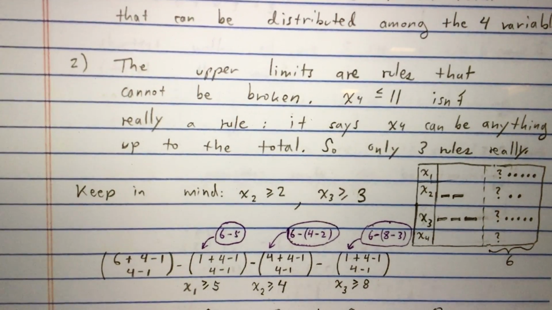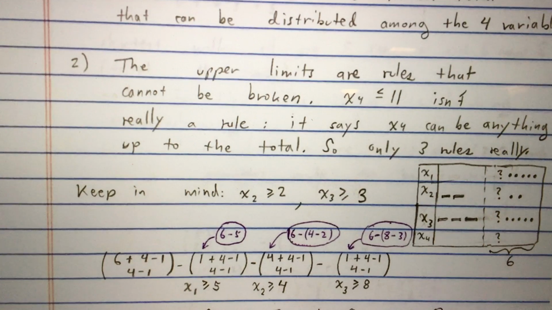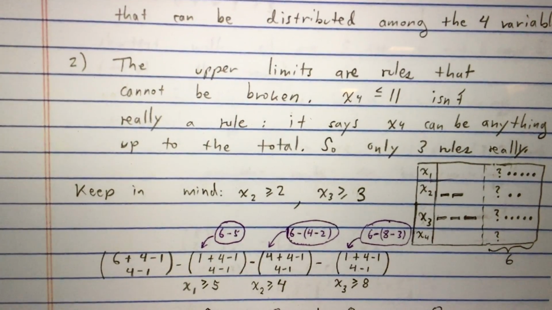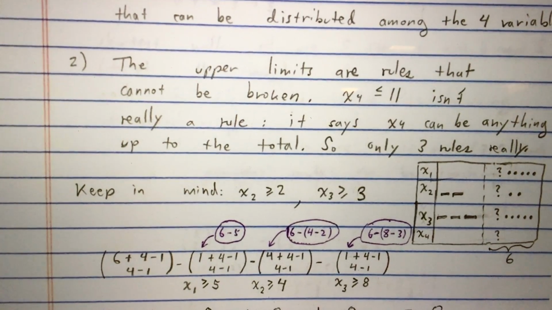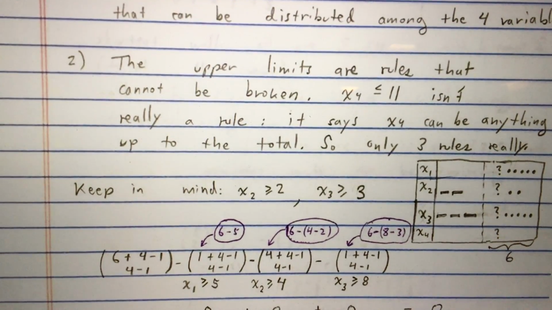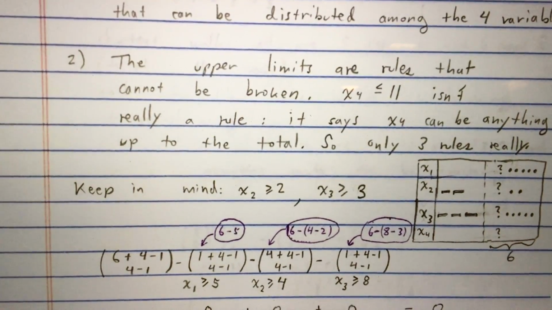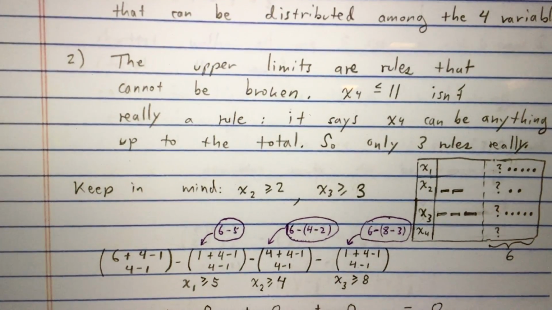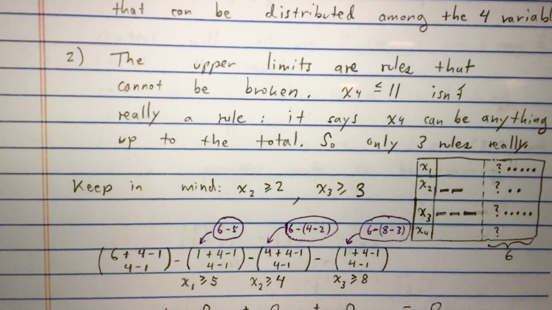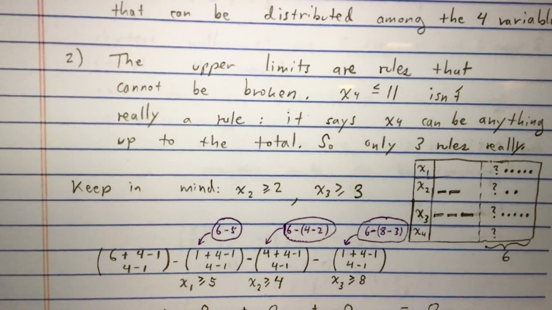I just have to figure out, if I'm going to break a rule, how many I have left to allocate. Alright, so then the last one, x3 greater than or equal to 8, would be breaking that rule. So I see that if I put 5 more in x3, that gets me up to the 8. So then there's 6 minus 5, or 1, plus 4 minus 1, choose 4 minus 1 there.